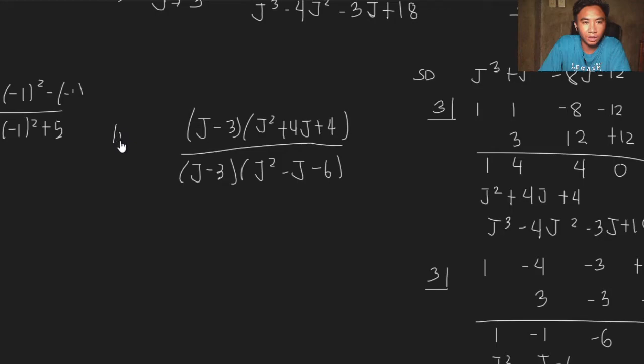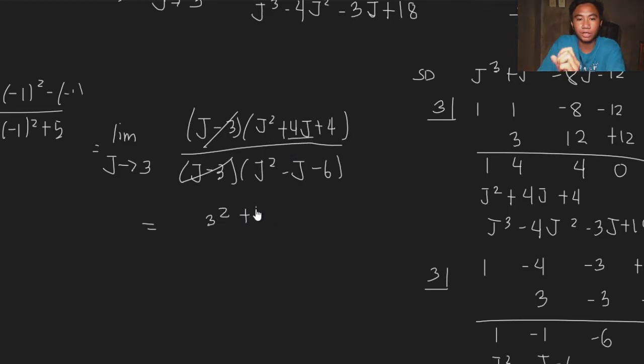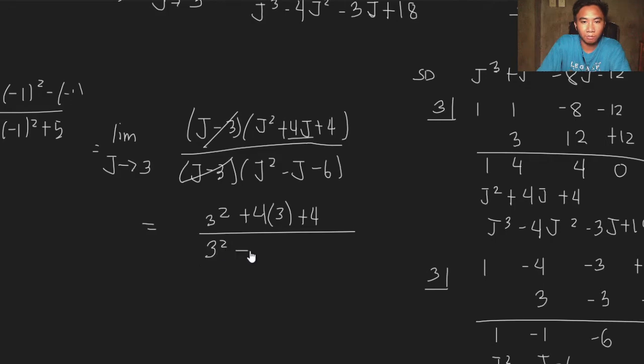Ang limit natin as j approaches to 3. So, cancel, cancel. And then, substitution, 3 squared plus 4 times 3, plus 4 all over 3 squared minus 3 minus 6.